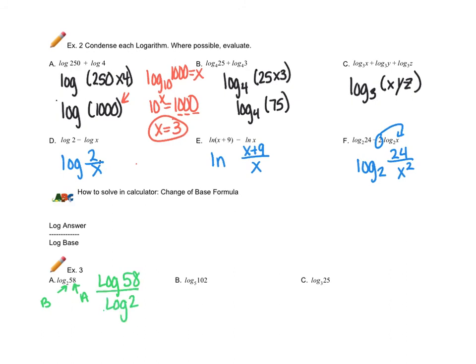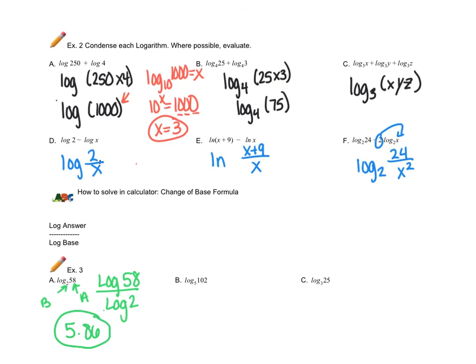Now you're going to type that in your calculator exactly how you see it written. I'm going to use the log button, log 58 divided by log 2. In my calculator, we're going to round to 2 decimal places, so we get 5.86.